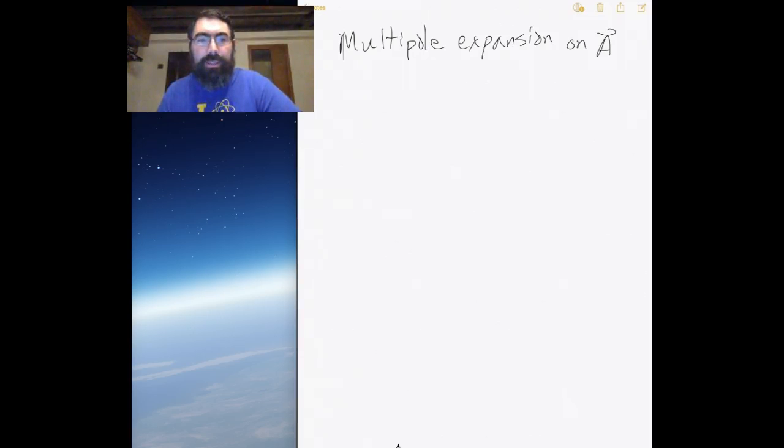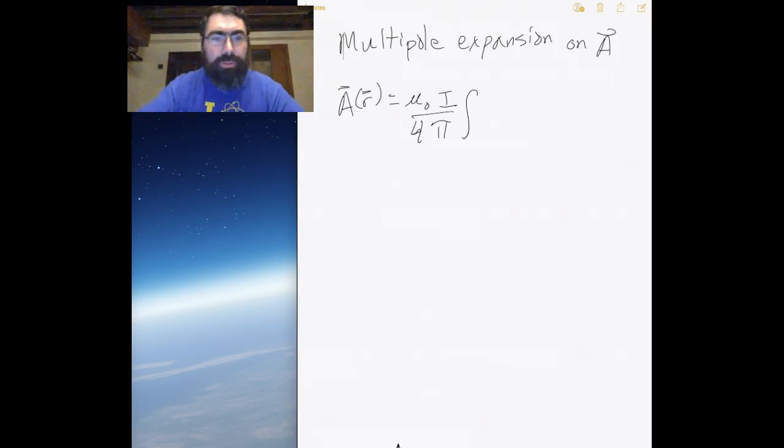So if we look at the magnetic potential function, we have A is equal to mu 0 I over 4 pi, the integral of a closed loop, 1 over r, integrating over dl prime.